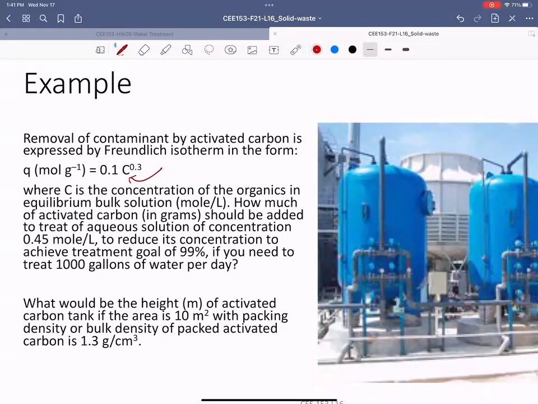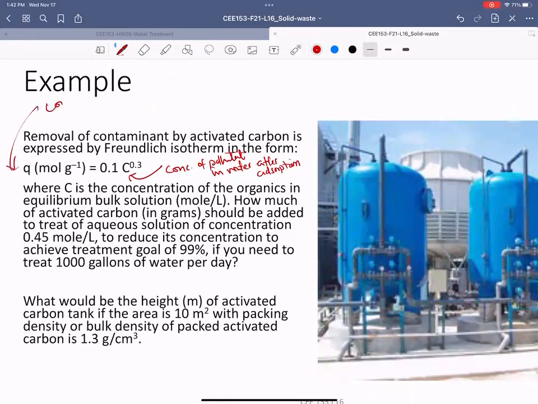So this is the concentration of pollutants in water after adsorption, and this Q is the concentration of pollutant adsorbed on granular activated carbon. That tells how much contaminant is in the activated carbon.